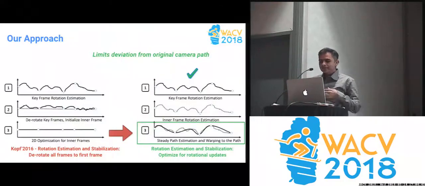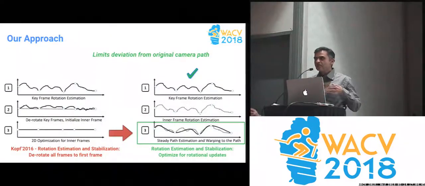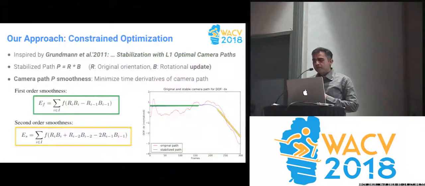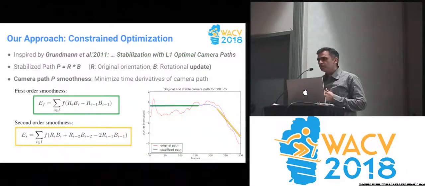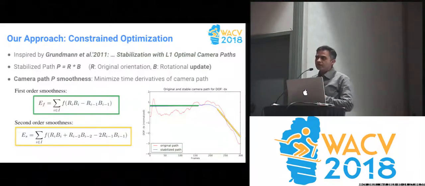So our approach is to address this problem. And the way we do it is, instead of having a single orientation for the entire video, we try to find a curve which is smooth, but at the same time as close as possible to the original camera path. And we do this using a constrained optimization approach, which is inspired by some of our prior work on 2D video stabilization.